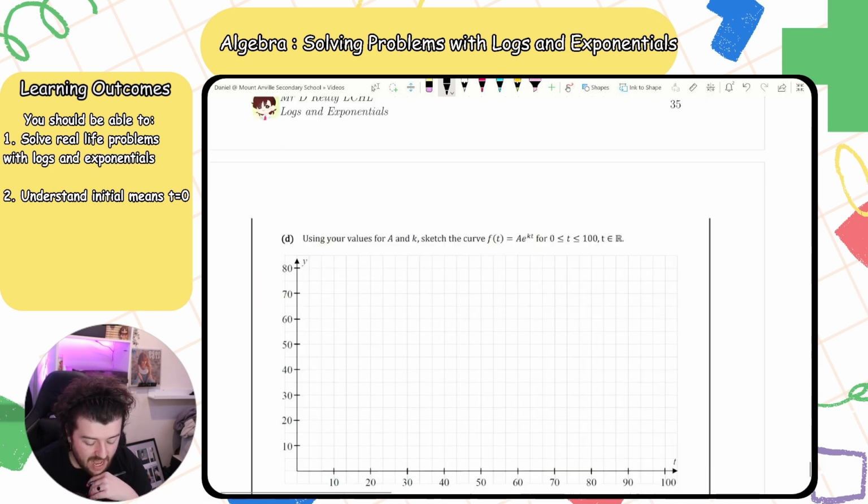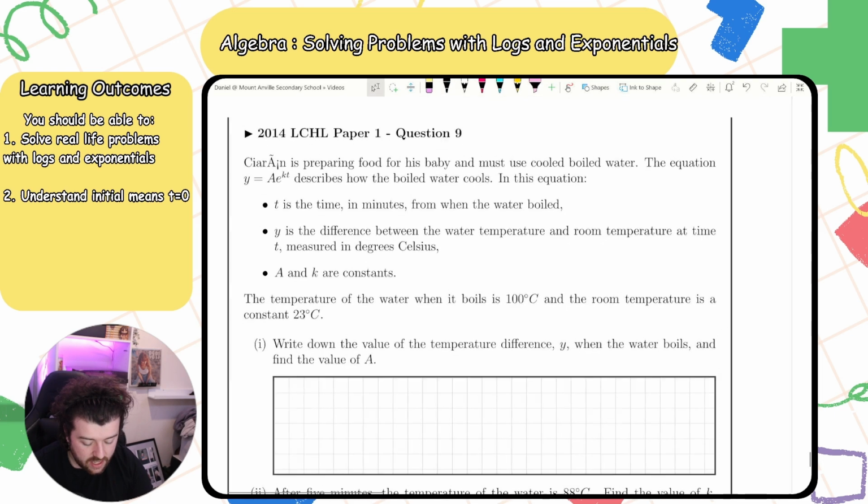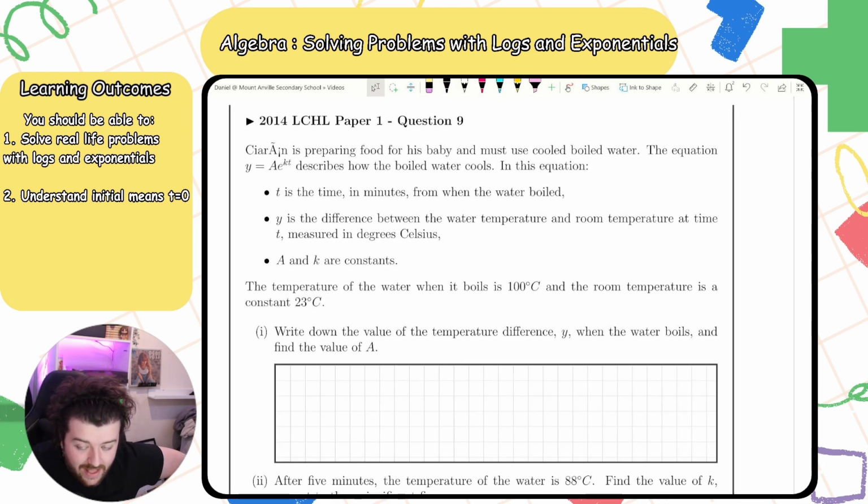Right, then the last question, thank goodness, it's from 2014. So that's meant to say Kieran. I have to go fix that. Kieran is preparing food for his baby and must use cooled boiled water. The equation y equals a e to the power of kt describes how the boiled water cools. In this equation, t is the time in minutes from when the water boiled. y is the difference between the water temperature and the room temperature.